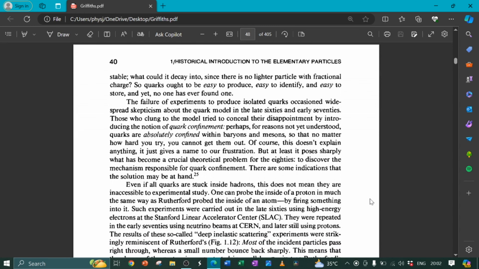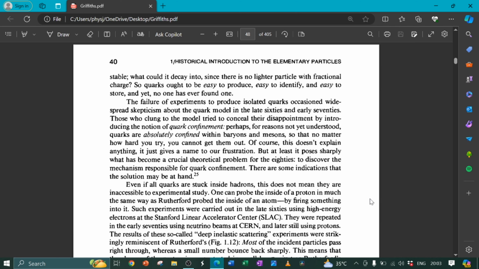The failure of experiments to produce isolated quarks occasioned widespread skepticism about the quark model in the late 60s and early 70s. Those who clung to the model tried to conceal their disappointment by introducing the notion of quark confinement. Perhaps for reasons not yet understood, quarks are absolutely confined within baryons and mesons, so that no matter how hard you try, you cannot get them out.